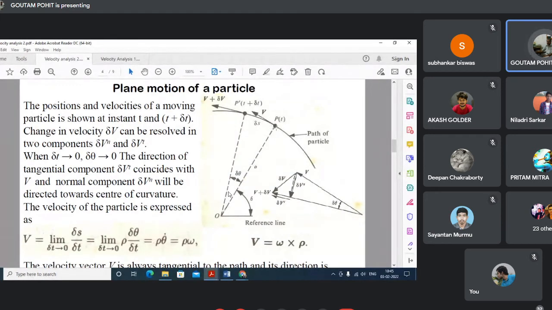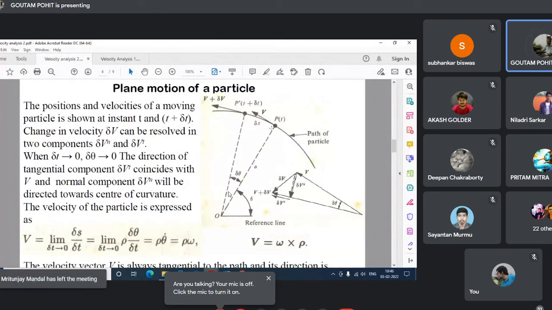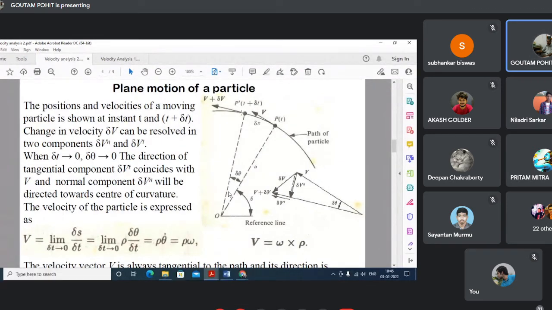So P at time t is the position of the point at this instant. Now at a later instant t plus delta t, P dash is the position of the point. This is the velocity at this instant, and this is the velocity at that instant. Even if it is moving at constant speed, there will be a change in velocity, because the direction is changing. It is moving with a constant angular motion and covering an angle delta theta.